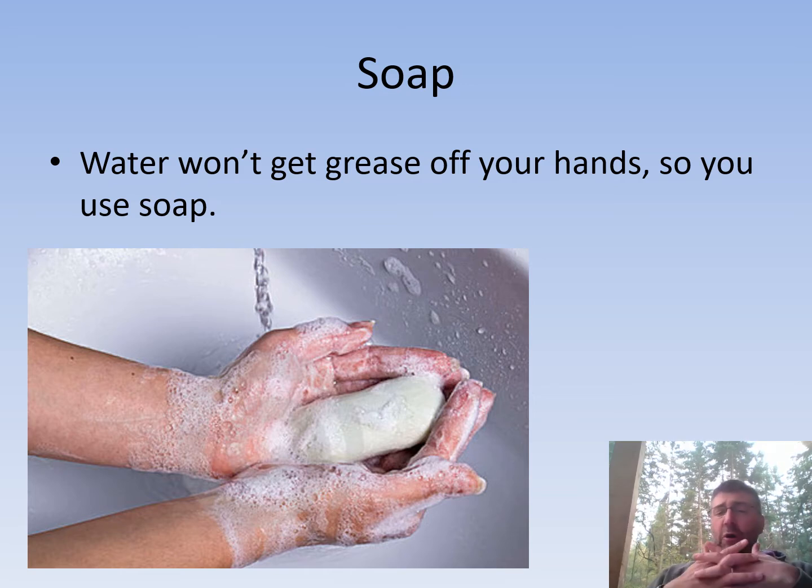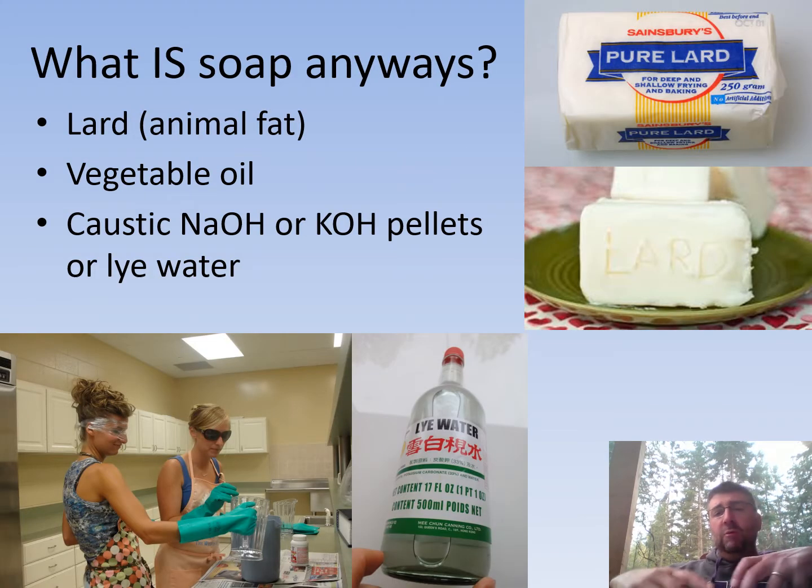So you're going to use soap. So the question is, what is soap, and why does soap get the oil off your hands and wash down the drain? Well, we have to get to what soap is anyways. Soap goes back thousands of years.